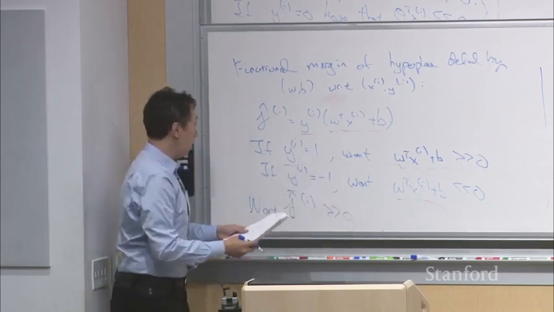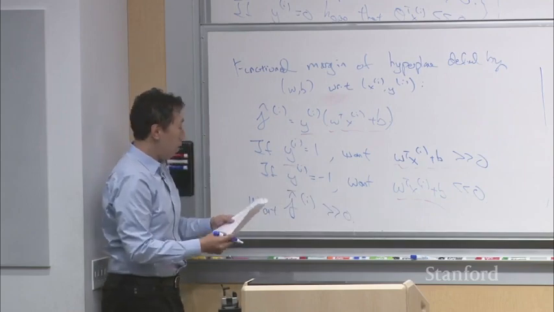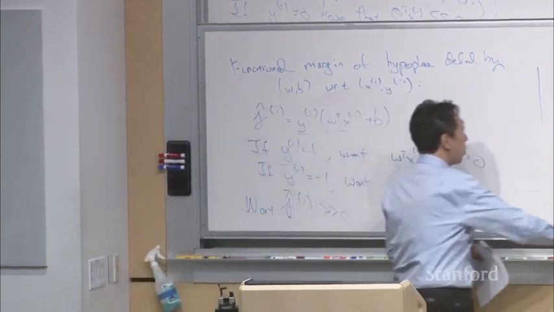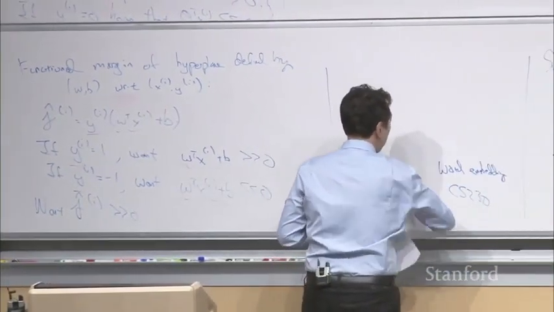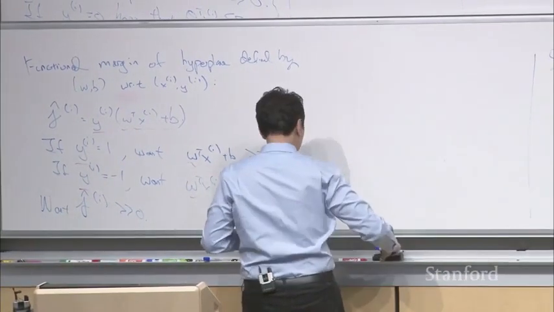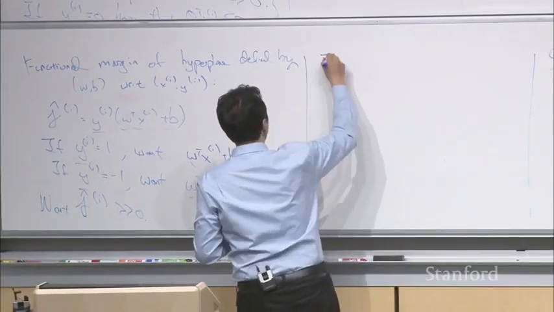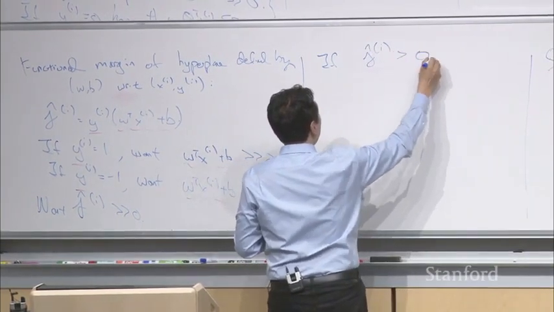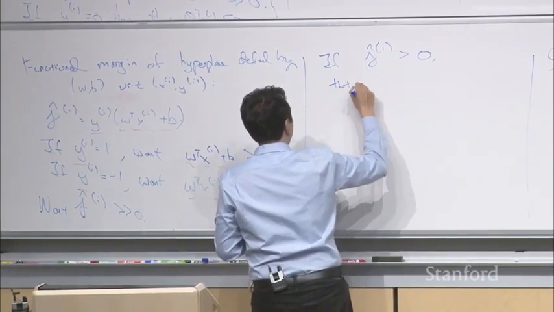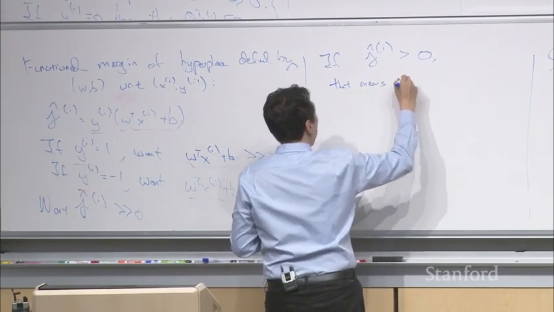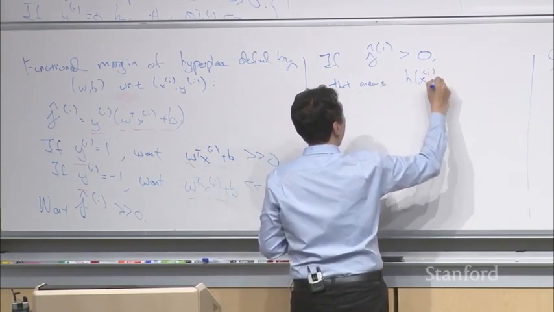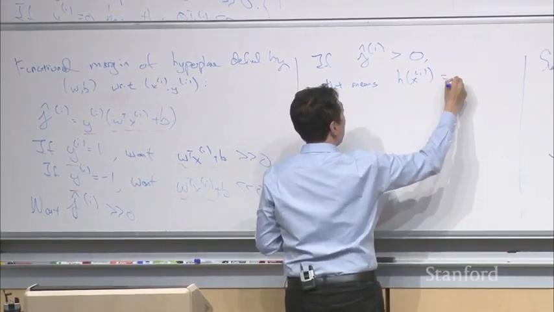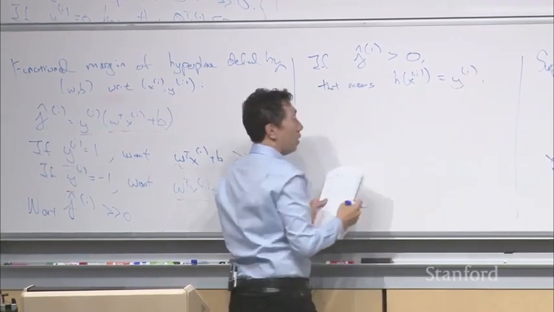Okay? And as an aside, one property of this as well is that so long as gamma hat i is greater than 0, that means the algorithm's prediction is equal to y_i.